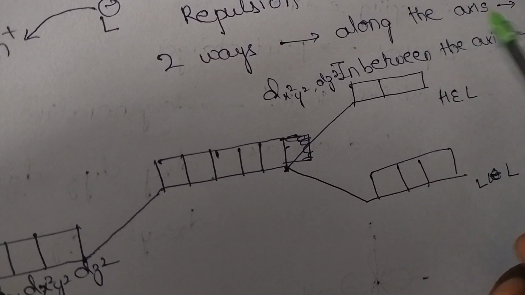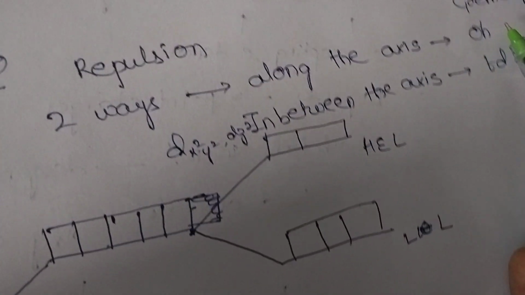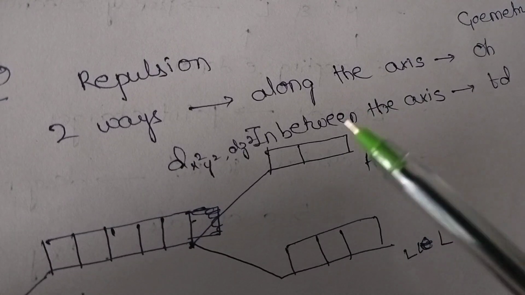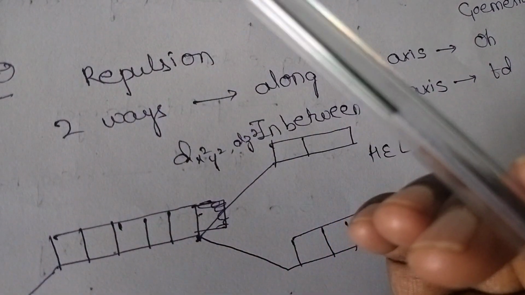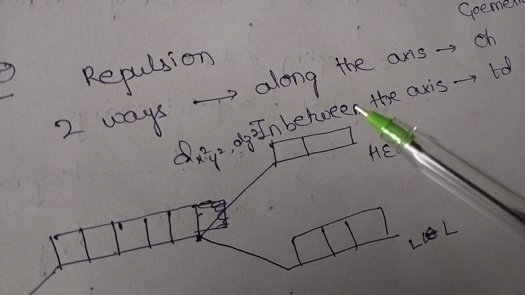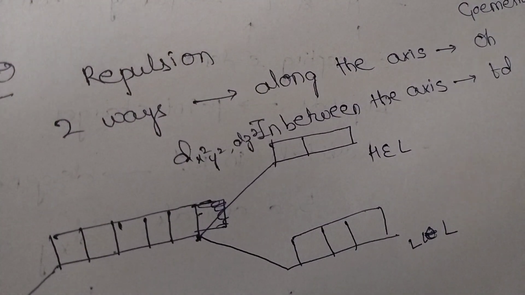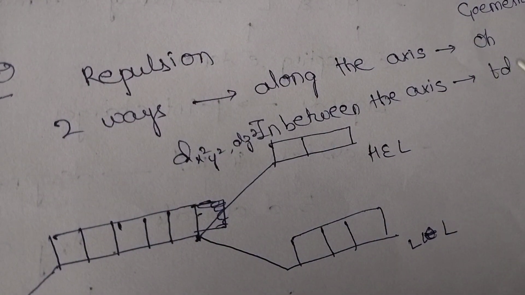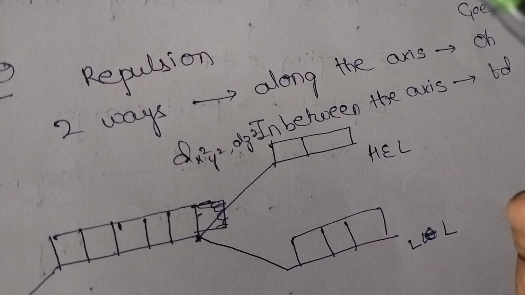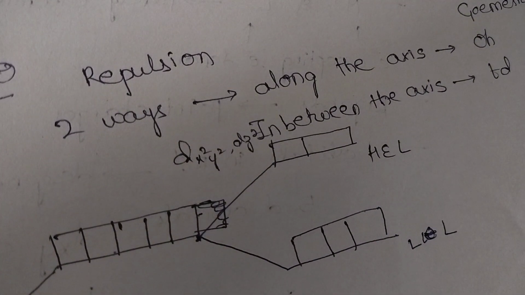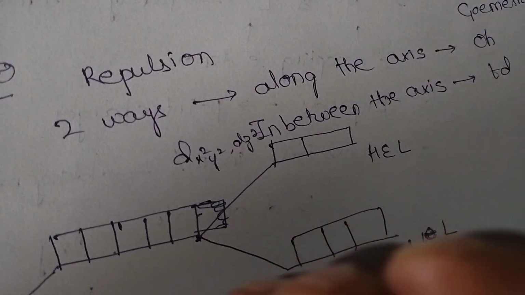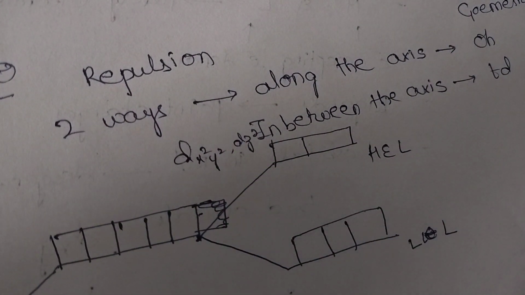In octahedral complexes, the axial orbitals' energy increases and the non-axial orbitals' energy decreases. But in tetrahedral complexes, the non-axial orbitals' energy increases and the axial orbitals' energy decreases. So this causes the removal of degeneracy of d orbitals.